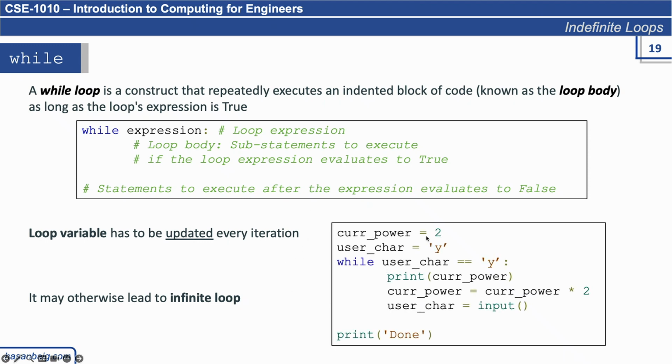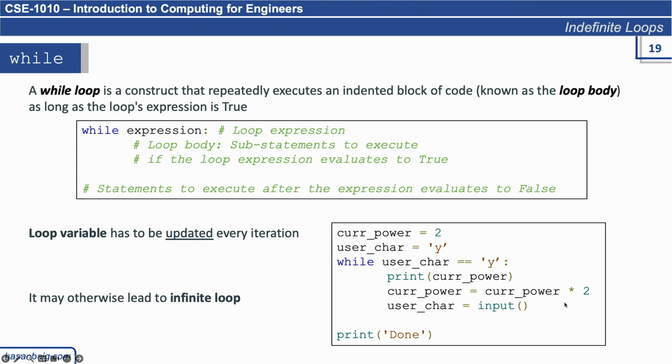So here is an example. Let's say we have a variable named current_power, equal to user character, let's say y. So we say while user_character equals y, this condition is satisfied now. Okay, print this and do this, and then take another input from the user. So here we are actually updating the loop variable.